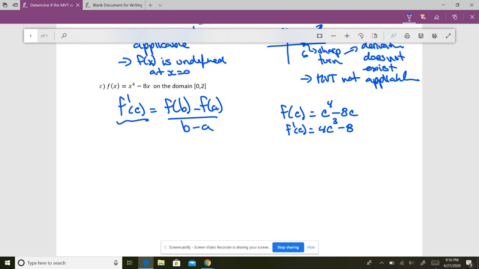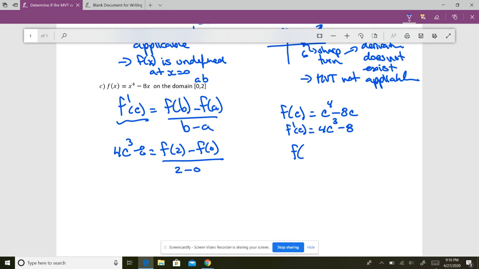A and B are these things, but it doesn't actually matter what you call A and B. So we can go 4c cubed minus 8 equal to f of b, which is 2, minus f of 0 over 2 minus 0.